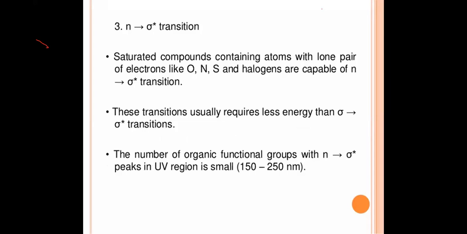Even the fourth one, n to pi star type of transitions, because these are non-bonded electrons. That's why there is a possibility of shifting of the electrons from non-bonding to sigma anti-bonding and n to pi anti-bonding orbitals.